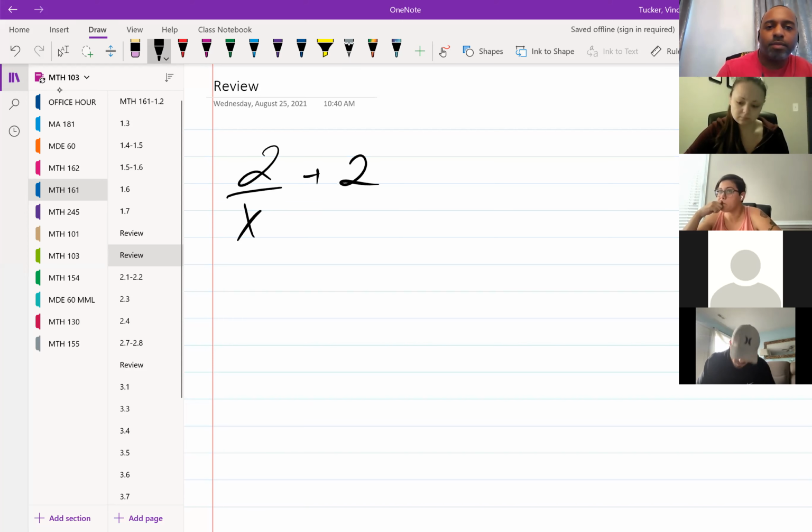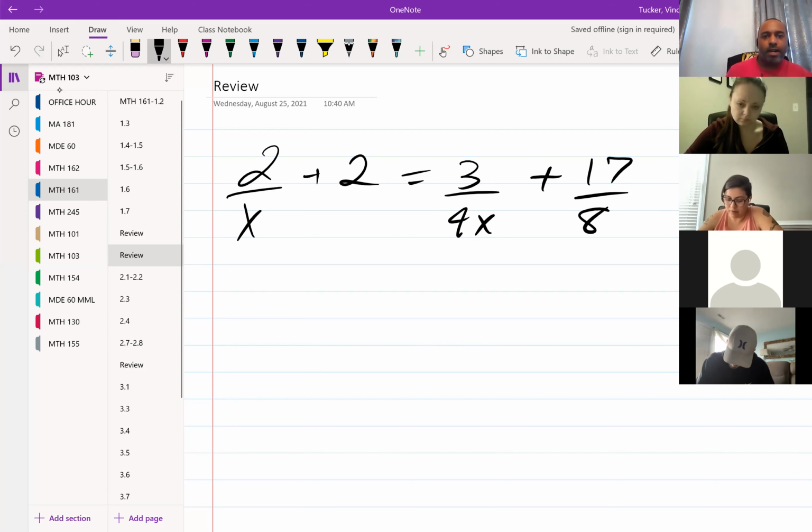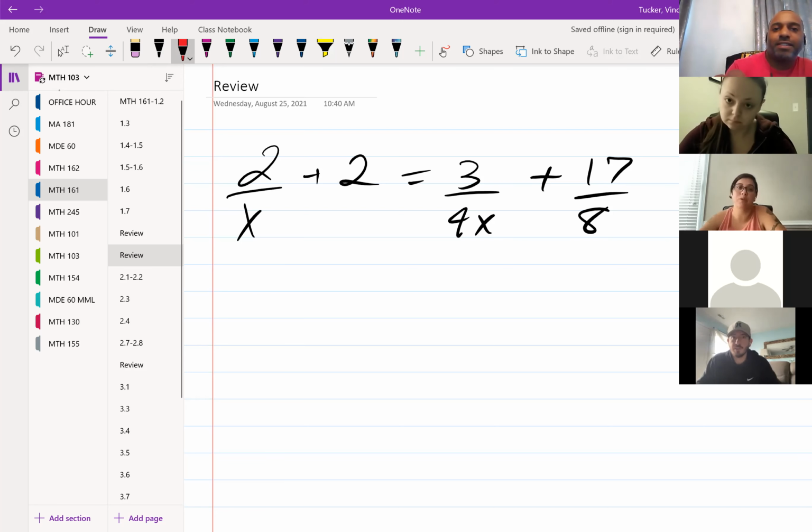It said 2 over x plus 2, and then you said equals 3 over 4x plus 17 over 8. Okay. So that's exactly how you got it? Well, that's the equation. Yeah, I wrote the equation correctly. Okay. Oh, wait, where? I can't see. The screen disappeared, so I can't see your stuff anymore. Let me make sure.